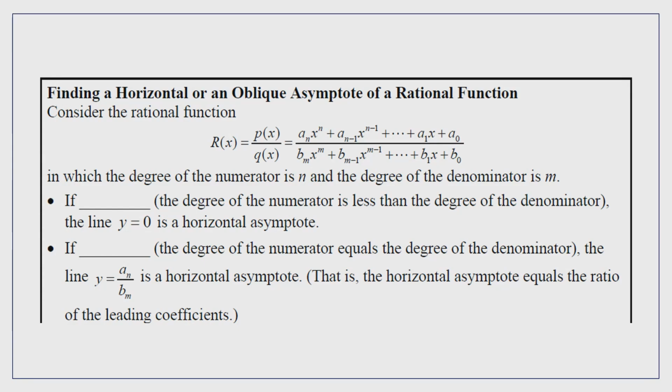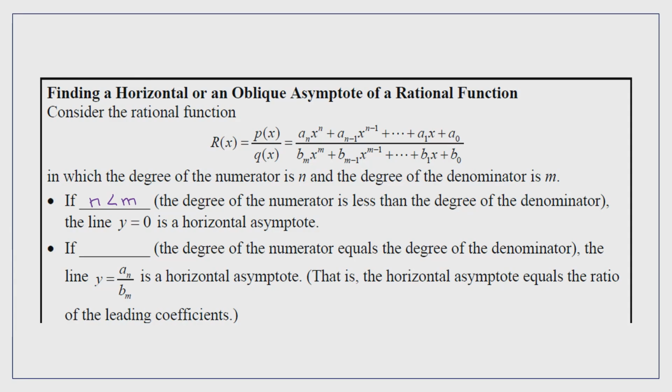So if n is less than m, okay, so the degree of the numerator is less than the degree of the denominator, then the line y equals 0 is going to be our horizontal asymptote.